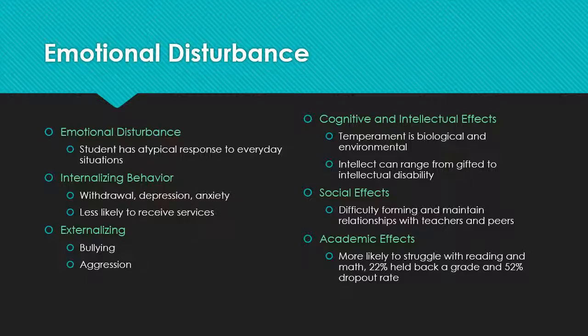One of the biggest things about this is that students who are defined as emotional disturbance have a 52% dropout rate, and there is a very large discrepancy in diagnosing students who are Black males as emotional disturbance disability over other students. So that's something to take into consideration.